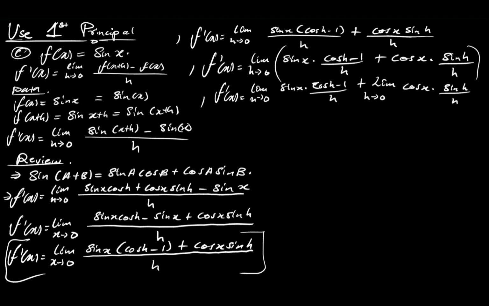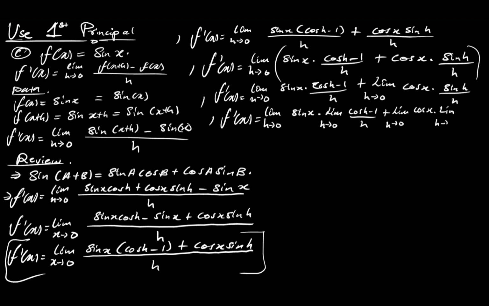After this, we can apply the product property of limits. We'll say f prime of x is equal to lim as h approaches 0 of sin x times lim as h approaches 0 of cos h minus 1 over h plus lim as h approaches 0 of cos x times lim as h approaches 0 of sin h over h.